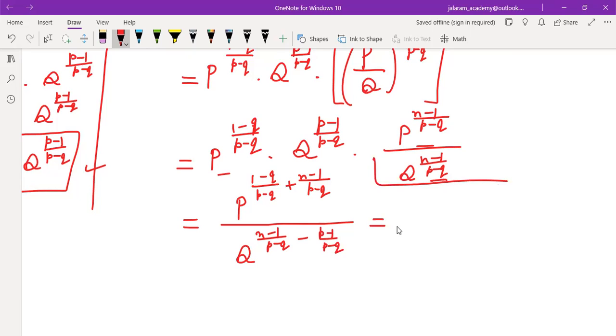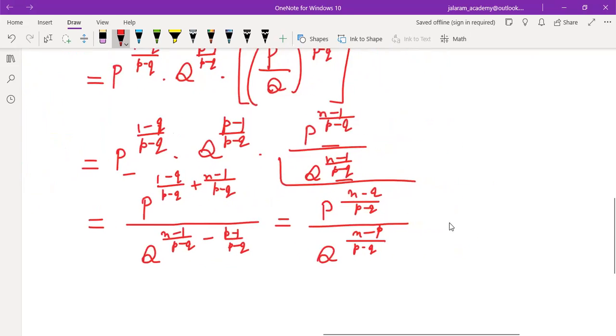So it will then give P to the power, the LCM of the denominator is p minus q. If we add the numerators, 1 minus q plus n minus 1, 1 cancelled out, so it is n minus q only. Our denominator is Q to the power p minus q as the LCM of the denominator. So n minus 1 minus p plus 1, 1 cancelled out, so it is n minus p.